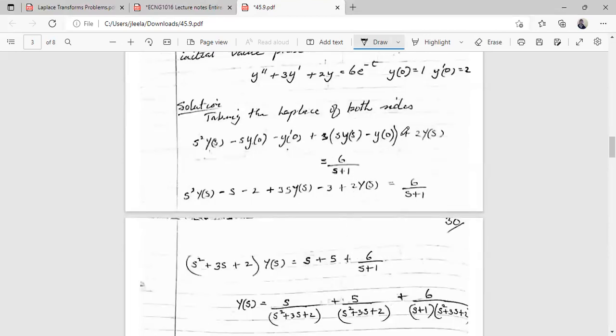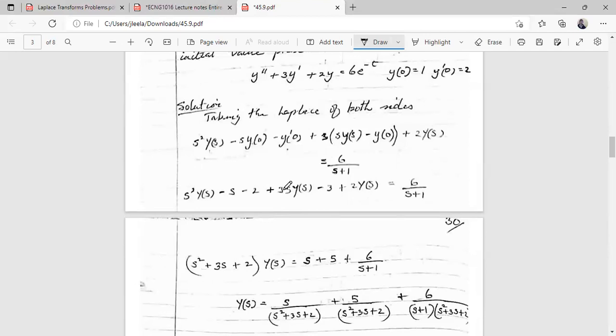So if we substitute the initial conditions, your y(0) is 1, so this term here will be minus s. Your y prime(0) is 2, so this will be minus 2.